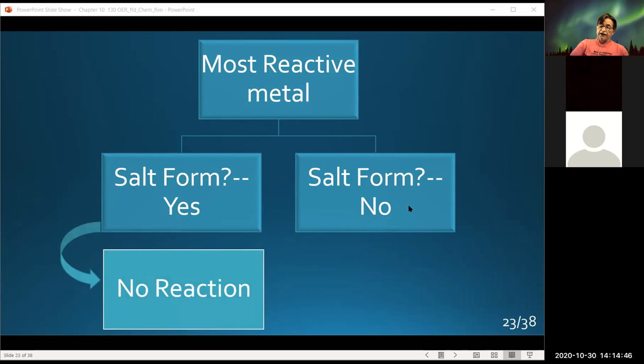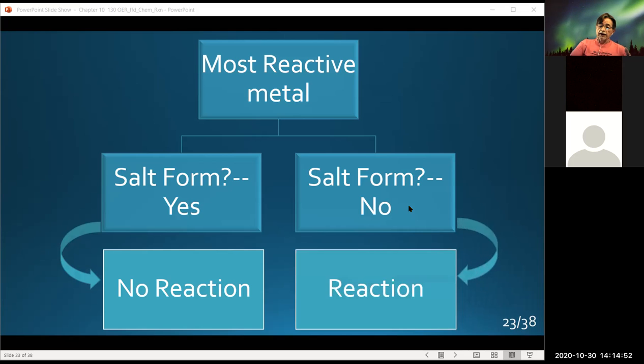If the answer is yes, then there's no reaction. If the answer is no, then you have a reaction and you exchange the metals. Then balance them out. Obviously, write the new salts in ionic form so you can put them together correctly in the right ratio.